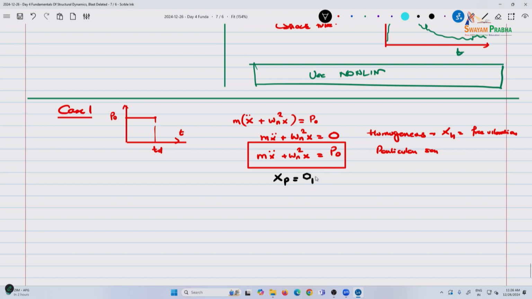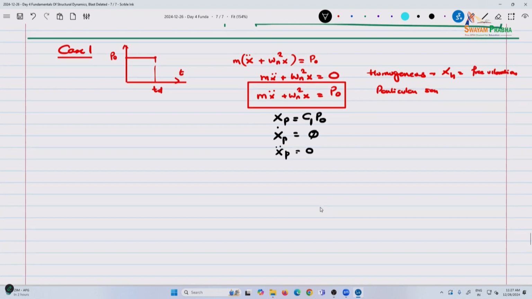So in this case, let's say some constant C1 multiplied by p naught. Since it's constant, the first derivative and x double dot p are equal to 0.